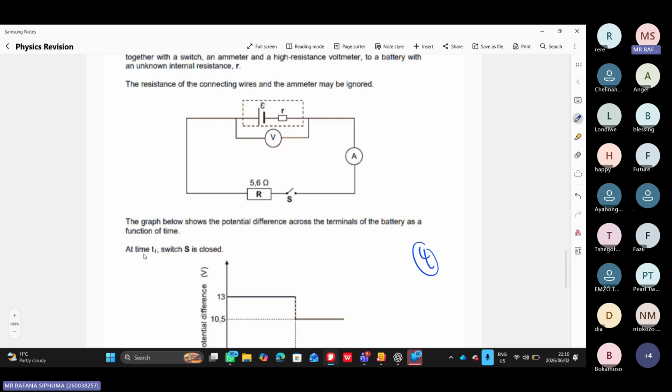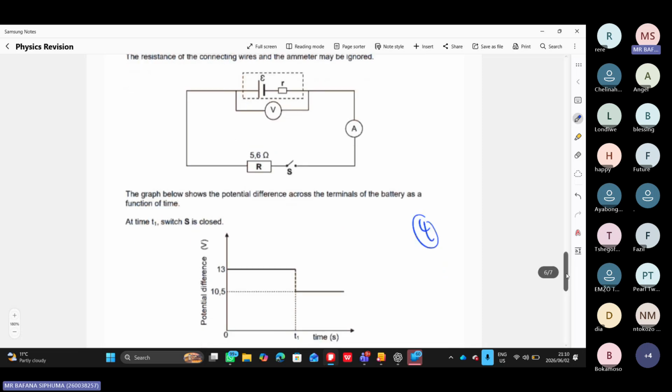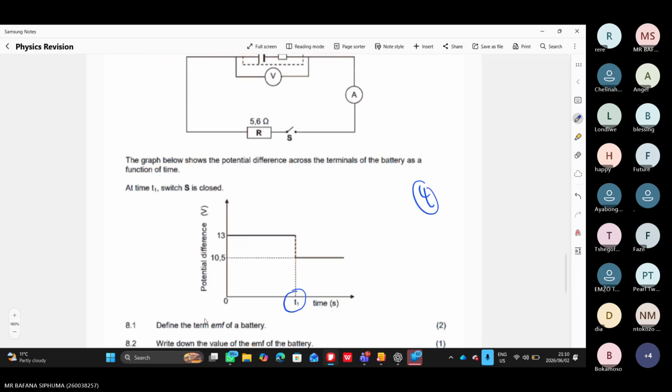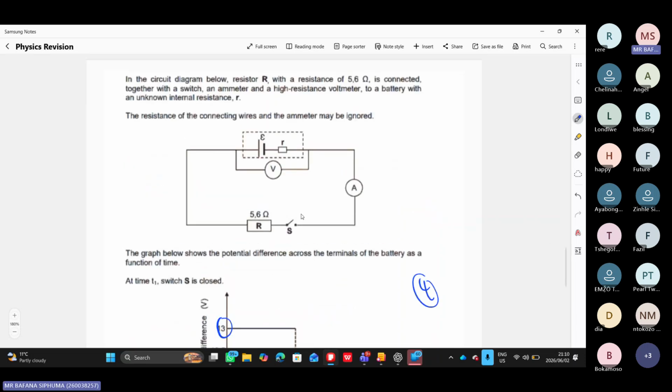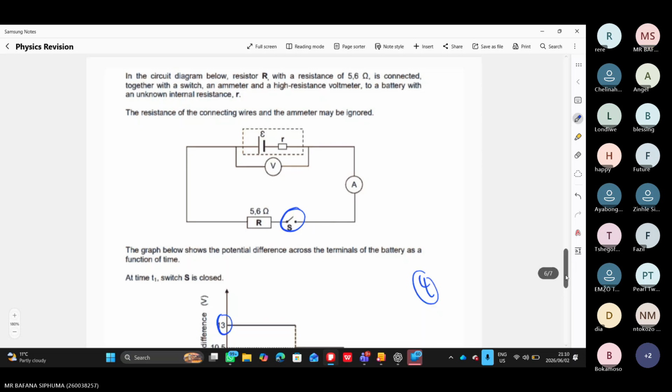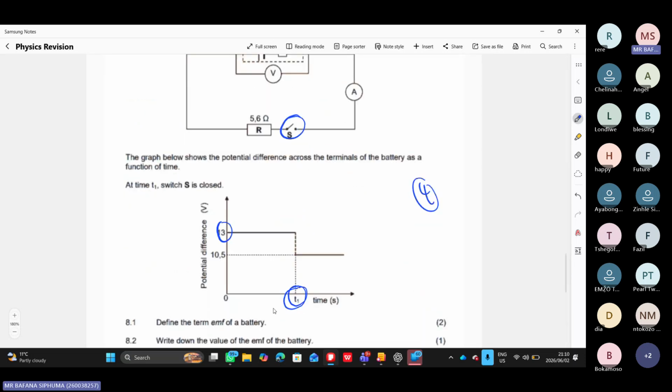And then they're saying at T1, switch S is closed. Where is our T1? At T1 here. So the graph here is representing the potential difference, right? So it means that at first we had 13, and the switch was still open at the beginning because the switch was closed at T1, which is at this point.